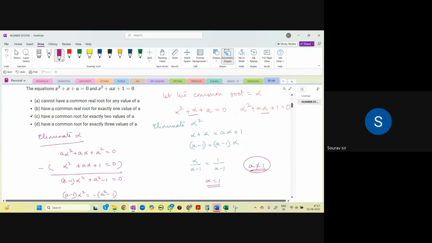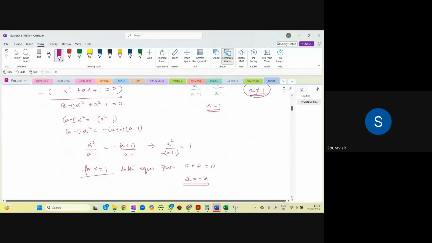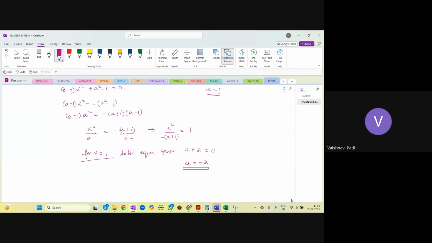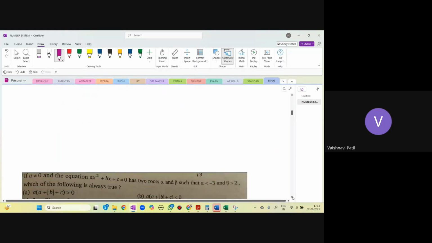So they have a common root for exactly one value of a. Clear? Okay, clear? Yes, sir. Okay.